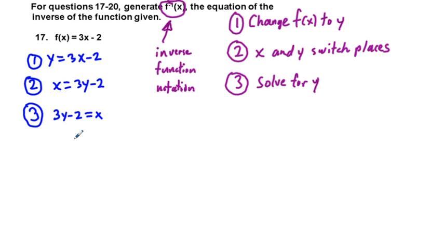So now going through the solving process, if we add 2 to both sides of this equation, cancel out, we have 3y equals x plus 2. Now we're going to solve for y by just dividing both sides of this equation by 3, and we have y equals, and then x divided by 3 is 1/3 x, and 2 divided by 3 is going to be 2/3.